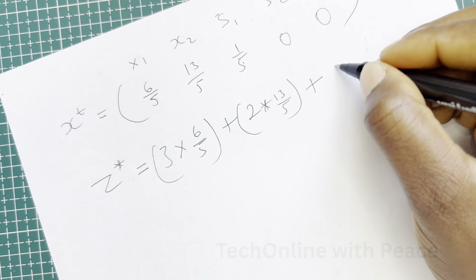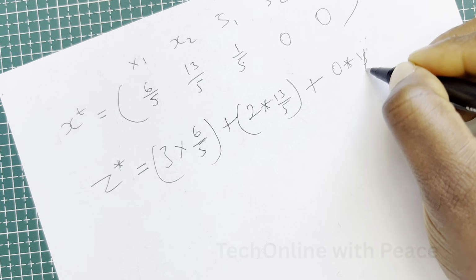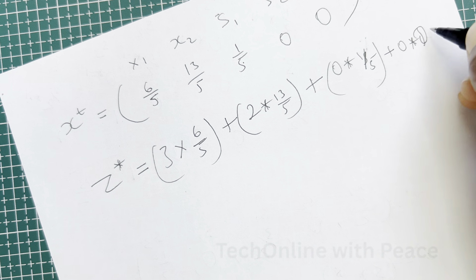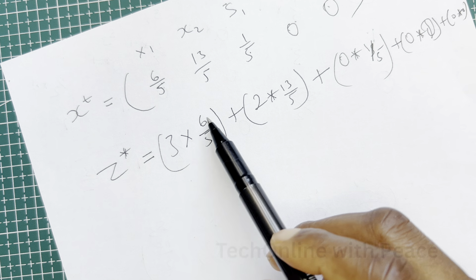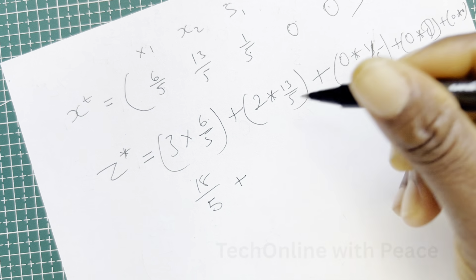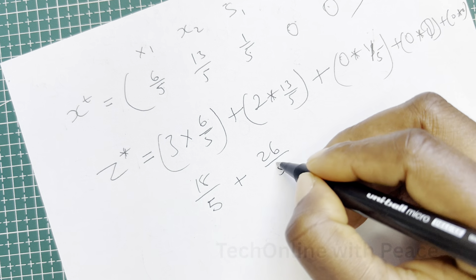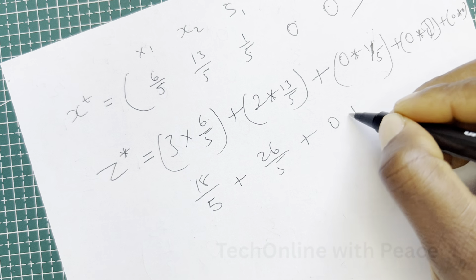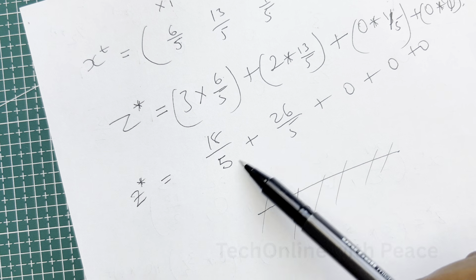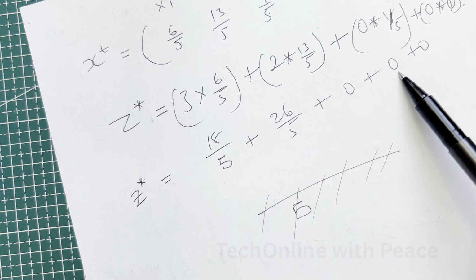So we say 0 times 1 over 5 plus 0 times 0 plus 0 times 0. Therefore, 3 times 6 is 18, we have 18 over 5 plus 26 over 5 plus 0, 0, 0, 0. From here, we're going to sum these values together.